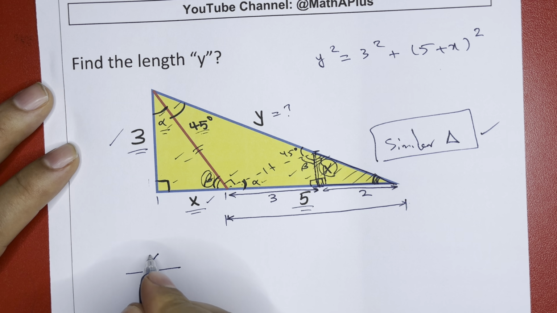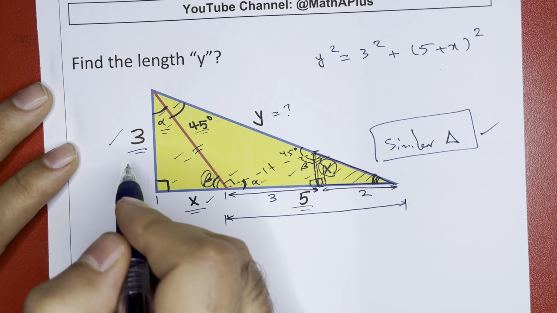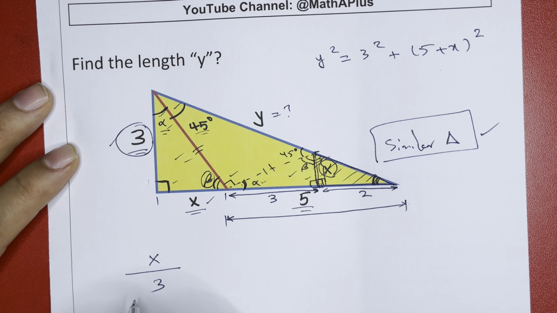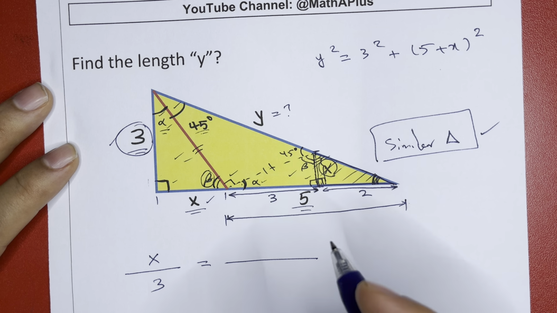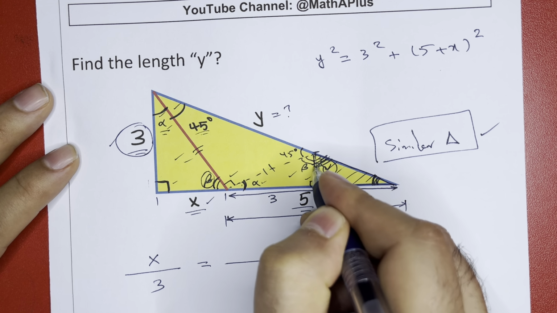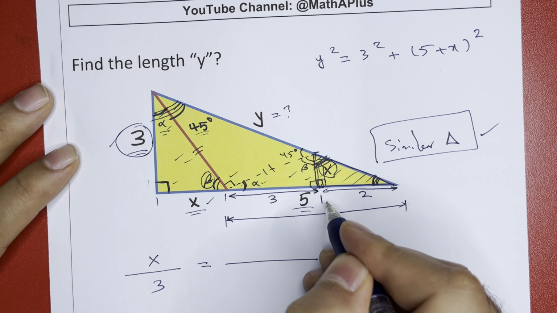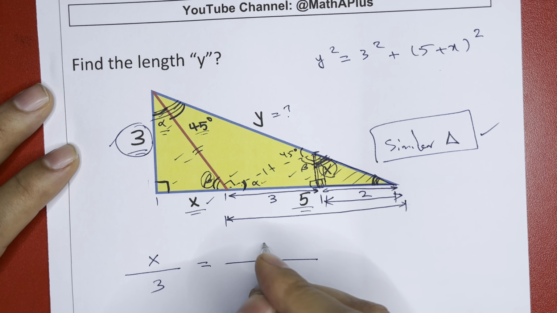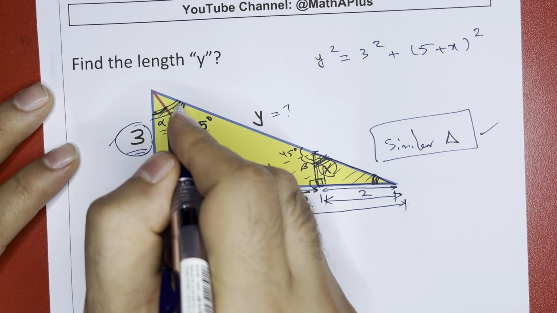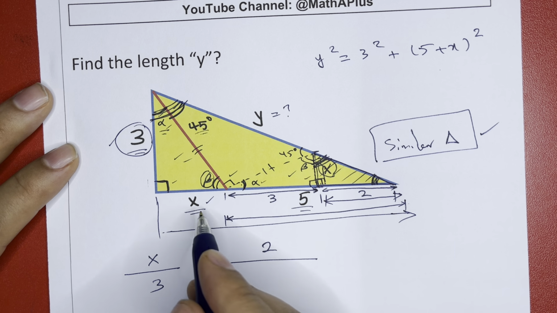Okay, x divided by the side in front of this angle in the big triangle, which is 3, equals the side in front of this angle, which is the same as this angle. In front of that is this 2 here, divided by, in front of this angle we have this big length, which is 5 plus x.